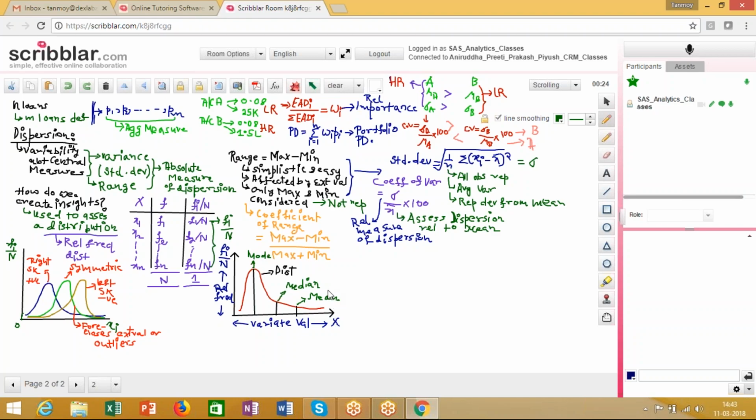So if I compare the mean, median and the mode, I should be able to identify the shape of the distribution. Basically, for a positively skewed distribution, the mean is greater than the median, and the median is greater than the mode.